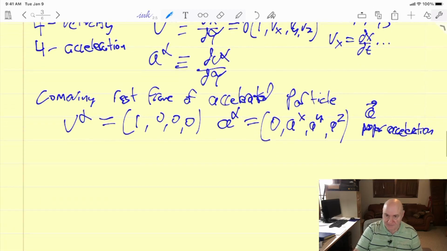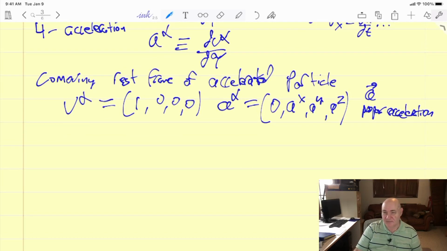It's the acceleration that you would feel, you know, if you were uniformly accelerating, or let's say you weren't uniformly accelerating, but at a given instant of time you would feel a certain acceleration. That's the proper acceleration for somebody who's moving at 0 velocity with respect to you. In other words, for somebody right at your position.